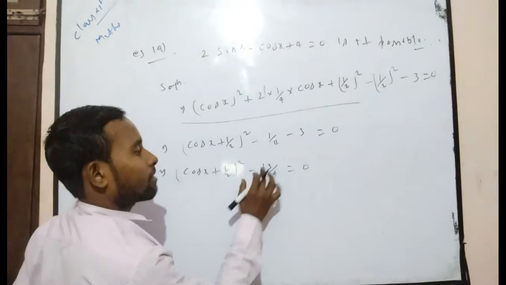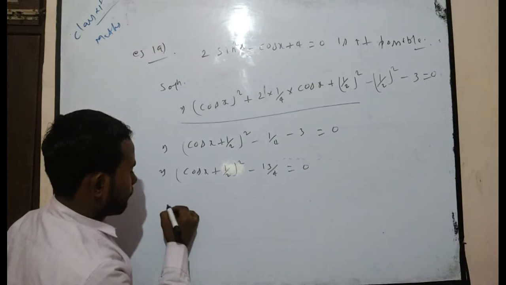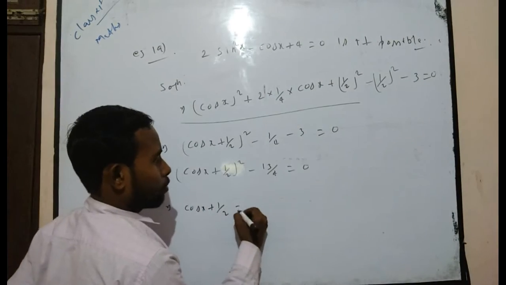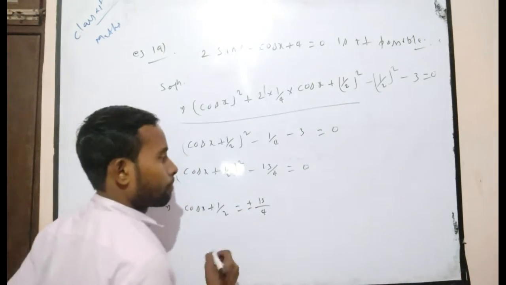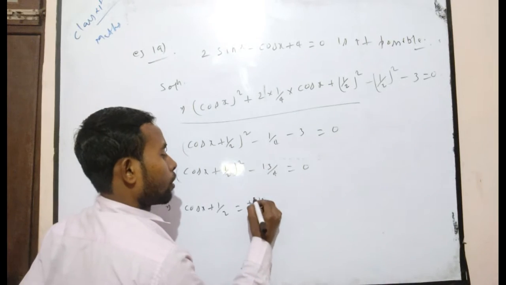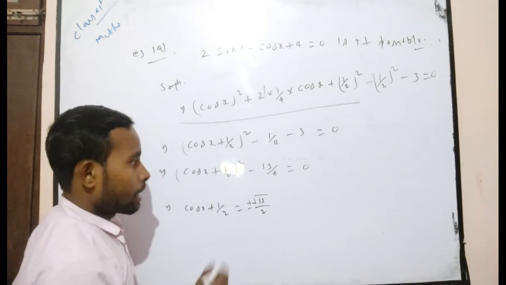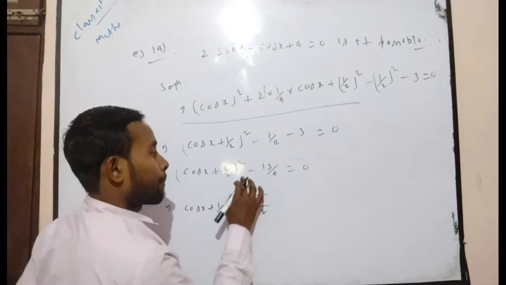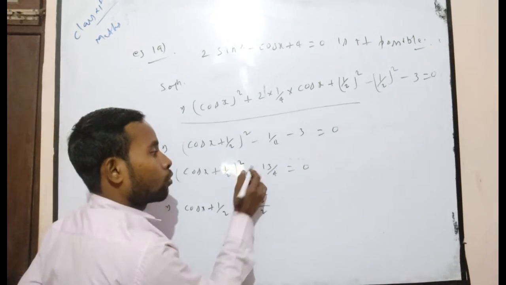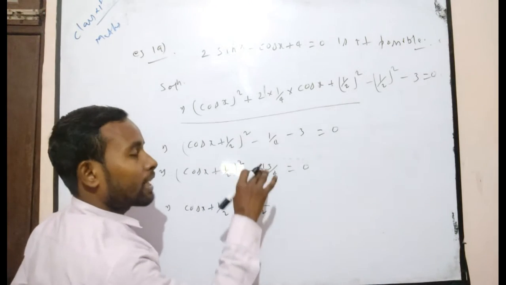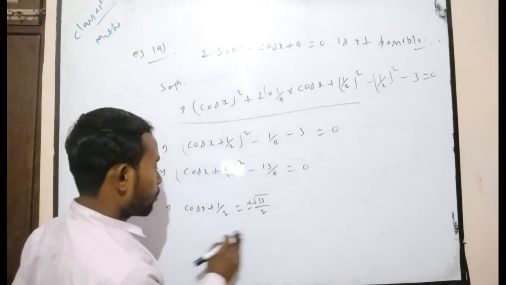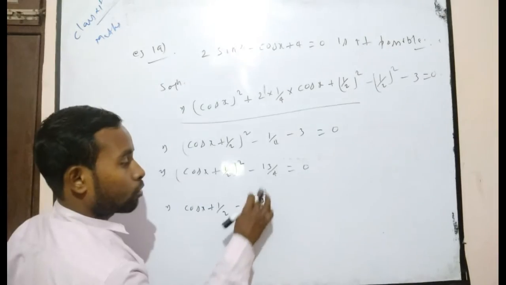Cos x plus half whole square minus 13 by 4 is equal to 0. Now here you can write cos x plus half is equal to plus minus root 13 by 2, because if you take 13 by 4 to the right side and remove the square by taking the square root on both sides, you get root 13 by 2 on the right side.